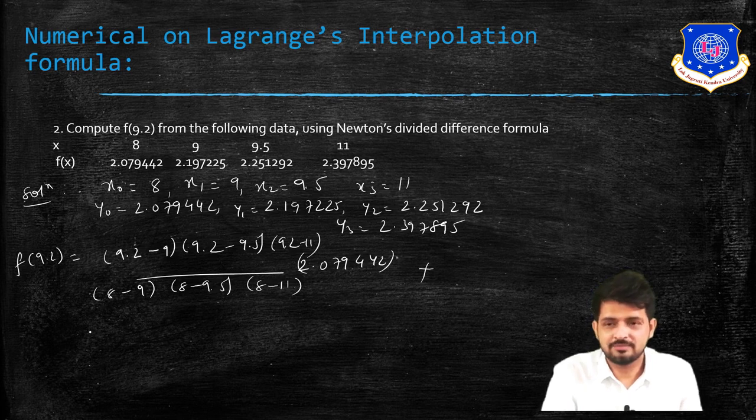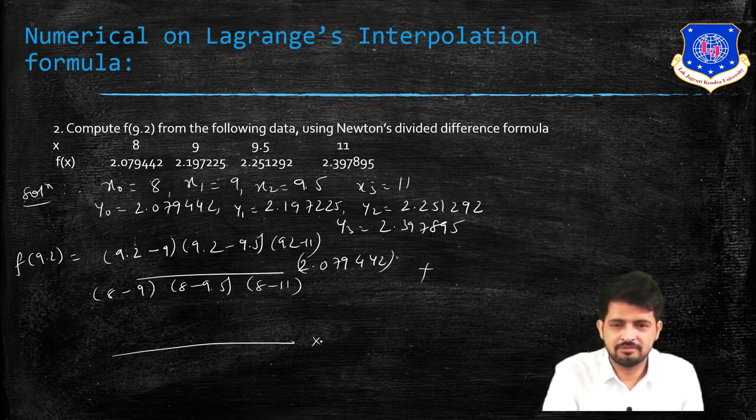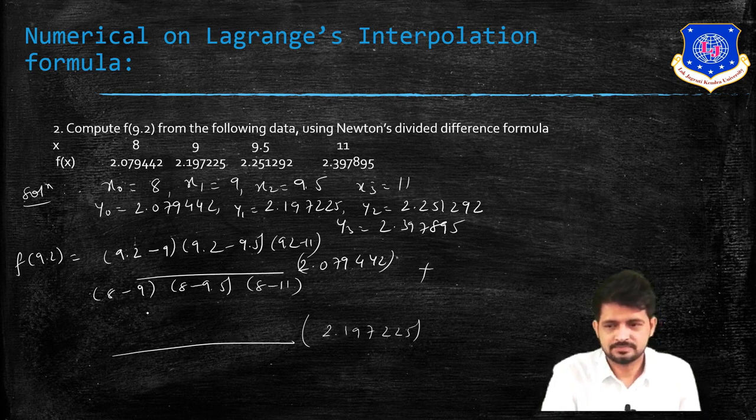Then the second term. For the second term we are writing for y1. What is the value of y1? 2.197225. Here I have to subtract all values except 9 from 9.2.